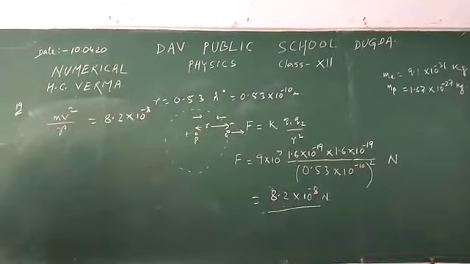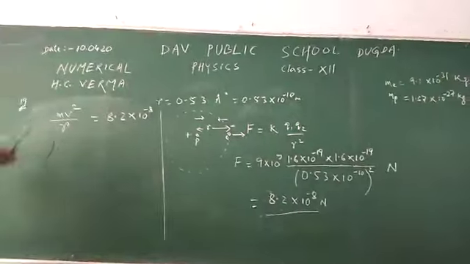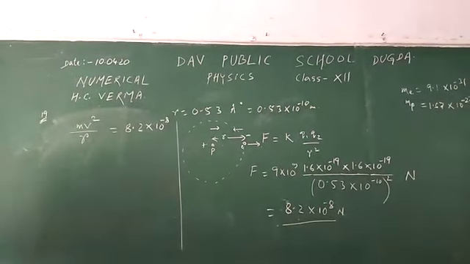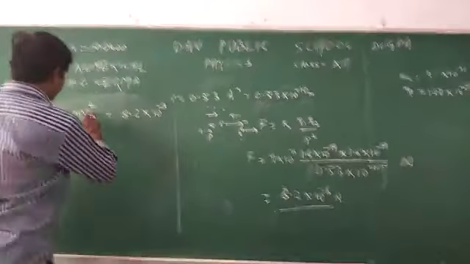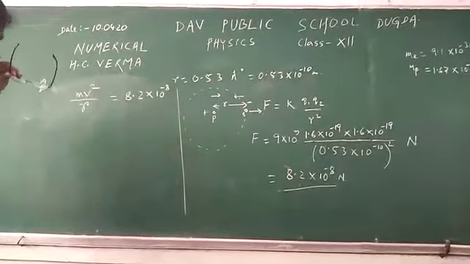Now for question number 19, we obtained this equation, and from it we have to find the value of v. The rest, m and r, are known to me.